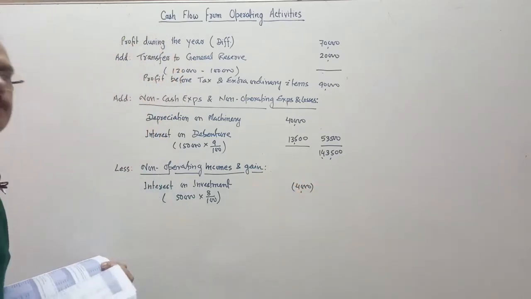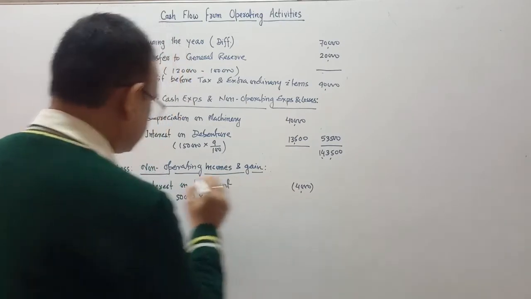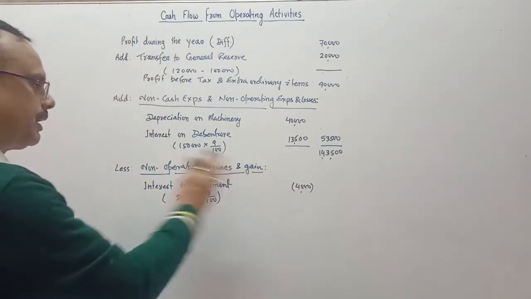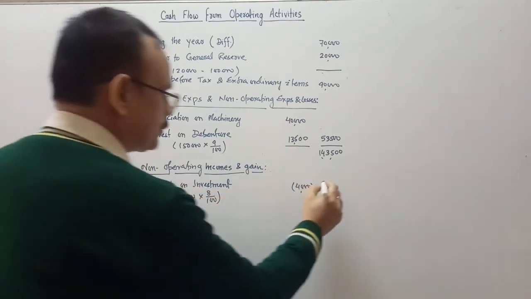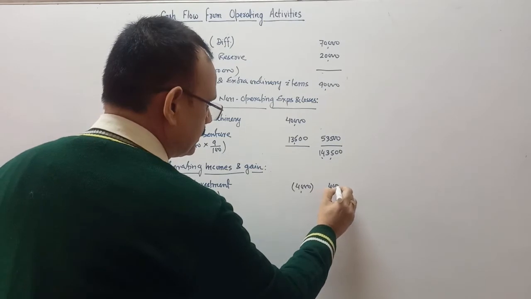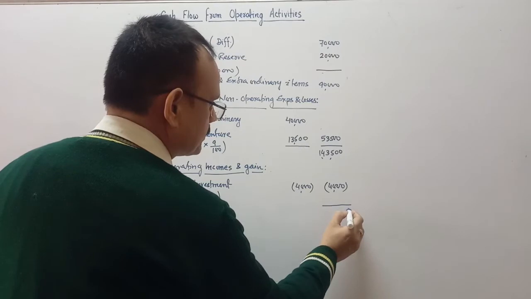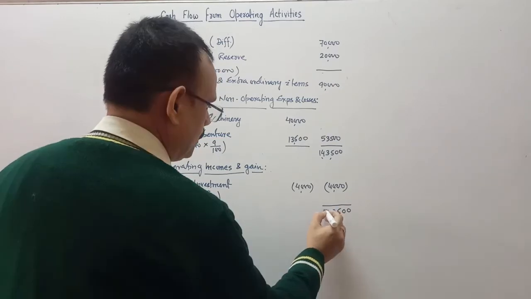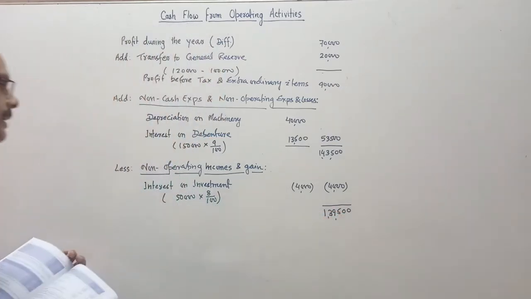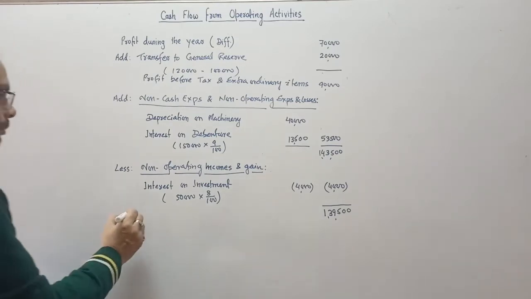We will deduct the 4,000 from this. There is no other non-operating income or gain in this question. So this 4,000 we will deduct, and after deduction it is 1,39,500. So it's the operating profit before change in working capital.